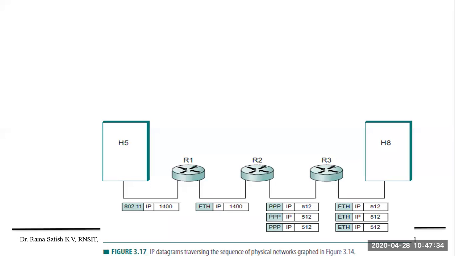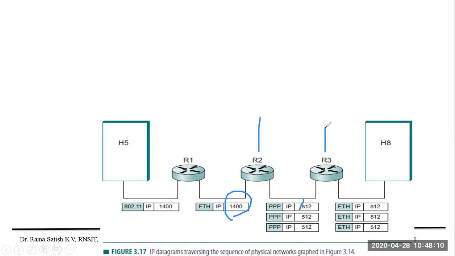So three packets will be split and transmitted in PPP. Here fragmentation happens, in router 2. So the 1,400 bytes are fragmented into three fragments, and they will be transmitted.